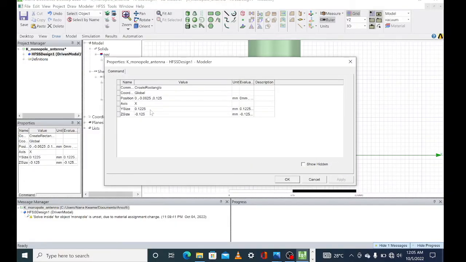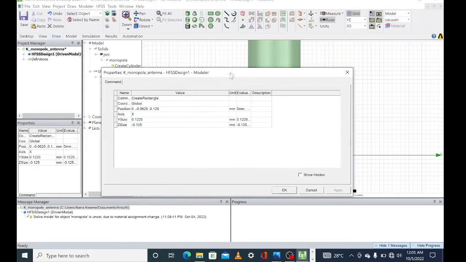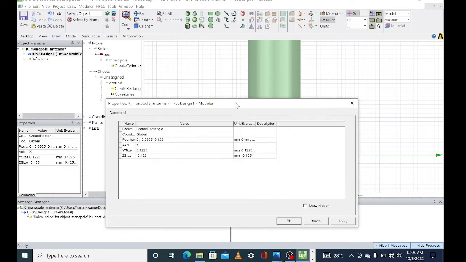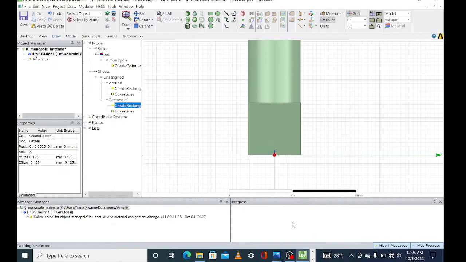That is Y, and Y should be 0.125, which is twice the radius. Good. So everything is okay now.